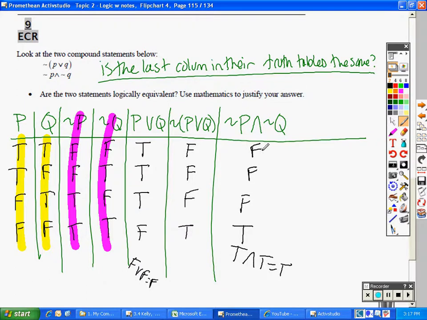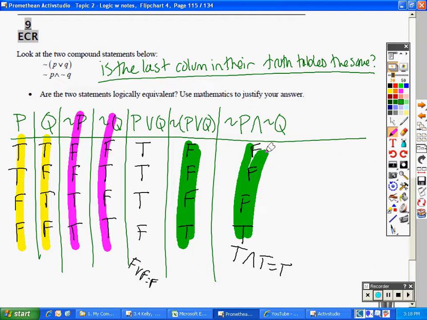All right. So finally, we come down to the question, are these logically equivalent? And in order to determine that, let's look at their columns. These are all the values for this first statement, and these are all the values for the second statement. They are identical in every single row.